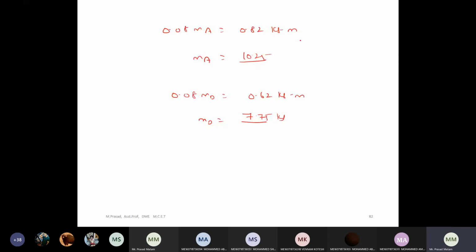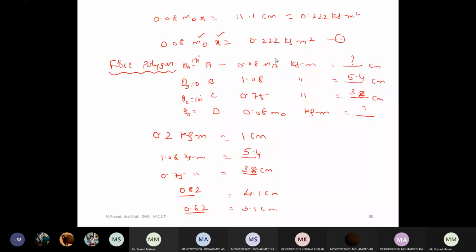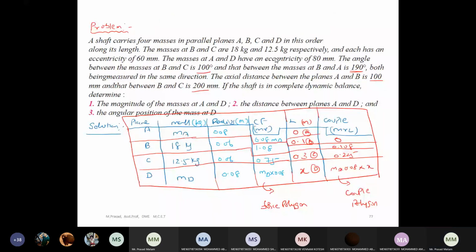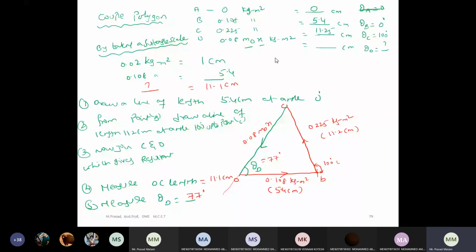Remember this MA and MD. What we need to find? We got MA value. We got MD value. X we need to find out. Got it? Some equation I have written. 0.08 MD into X is equal to 0.322 kg meter square.